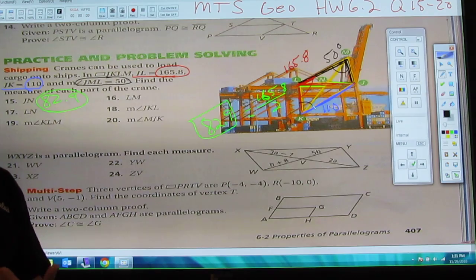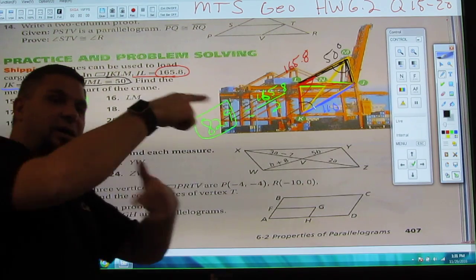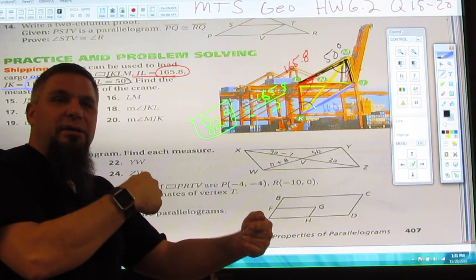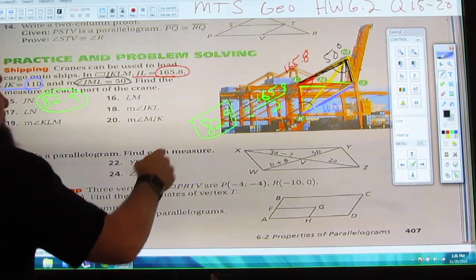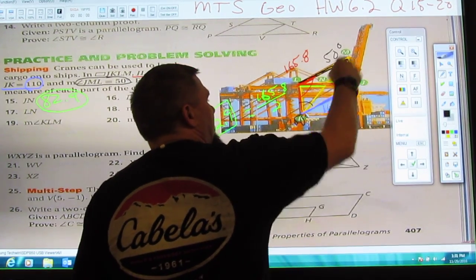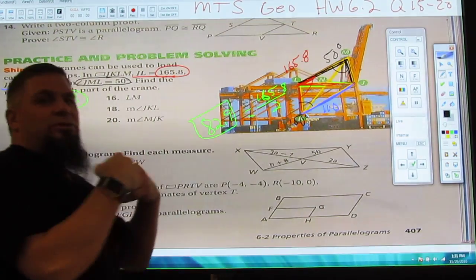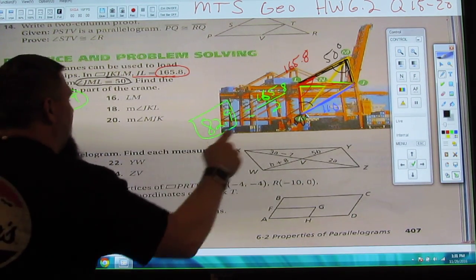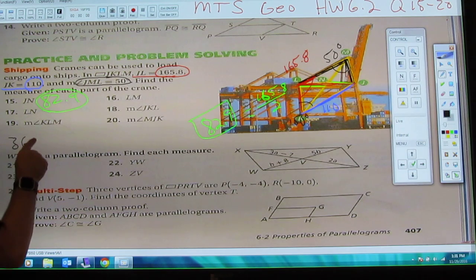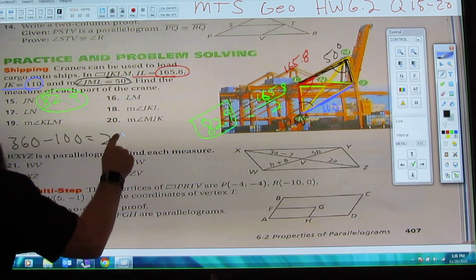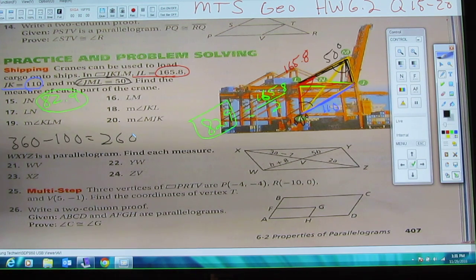Now, in a quadrilateral, all the interior angles add up to be 360 degrees. Right? So, if this is 50 and this is 50, then the two of them are 100, right? Well, if all of them are 360 degrees and we subtract 100 away from that, that's going to give me 260 for two angles that are equal, right?